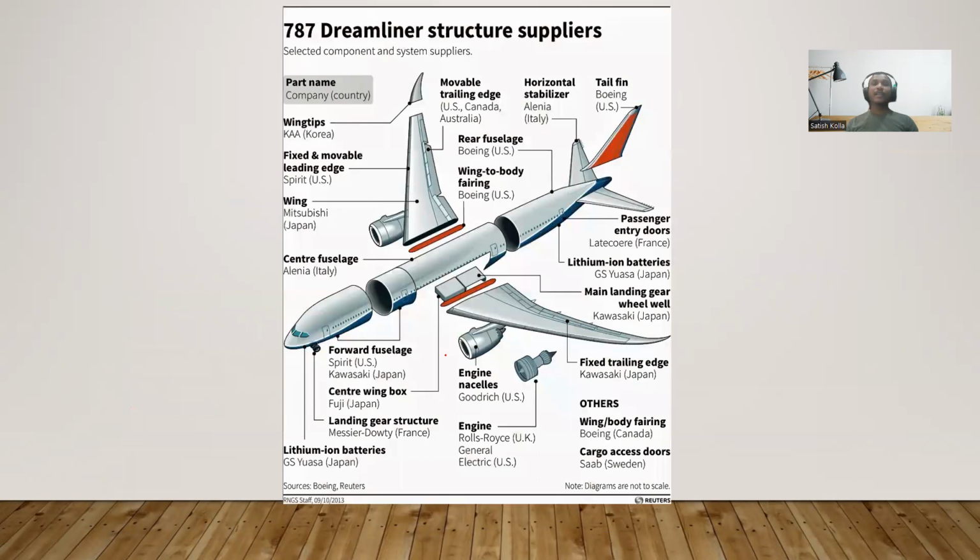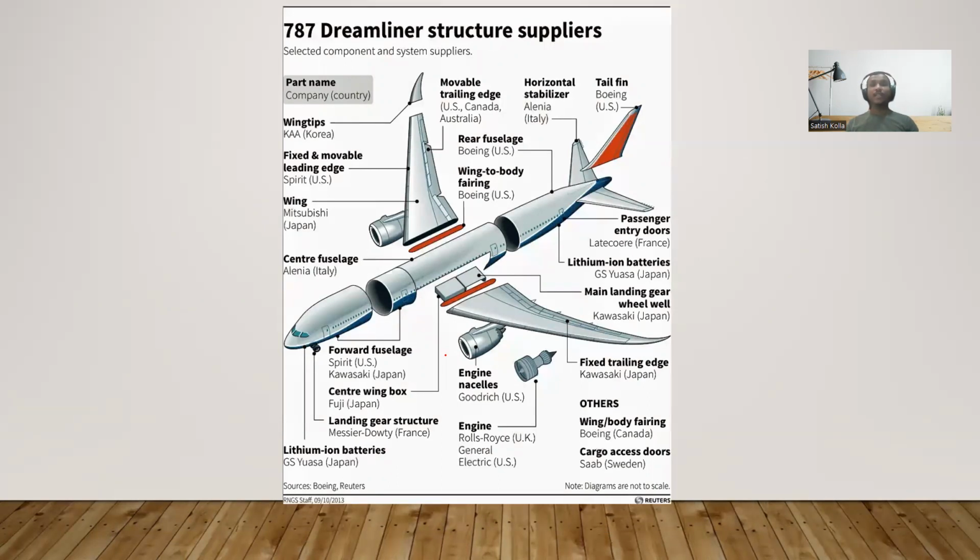So if we start looking at Boeing as an example. For building one 787 Dreamliner airplane, this is how all the parts come together, and which company as well as which country is providing the help and support to build that one single 787 Dreamliner. Right.